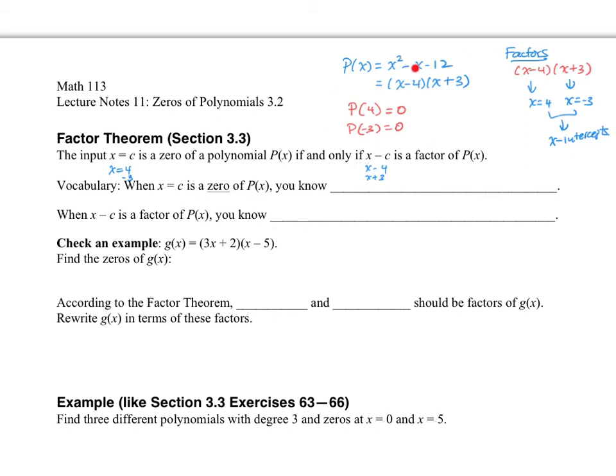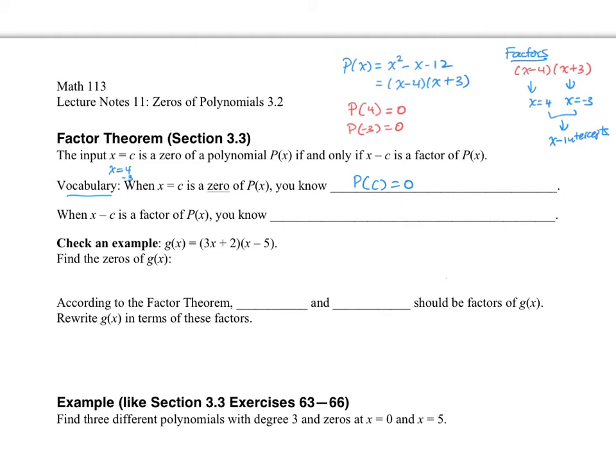Again, it's exactly what I just explained here. So therefore, the vocabulary is this: when x equals c is a zero of p of x, we know that p of c will be 0.